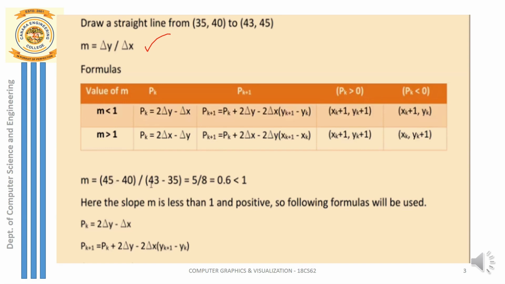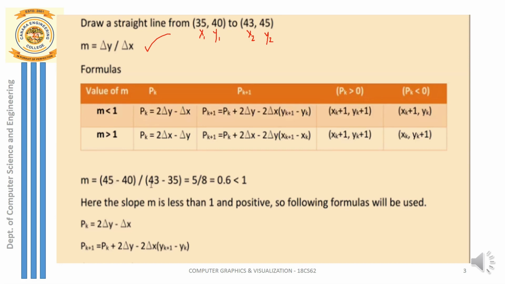We take 35 as x1 and 40 as y1, this is the leftmost endpoint. x2 and y2 is the rightmost endpoint of the line segment. So delta y is y2 minus y1, 45 minus 40, which is equal to 5. Next, delta x is x2 minus x1, 43 minus 35, which is equal to 8.